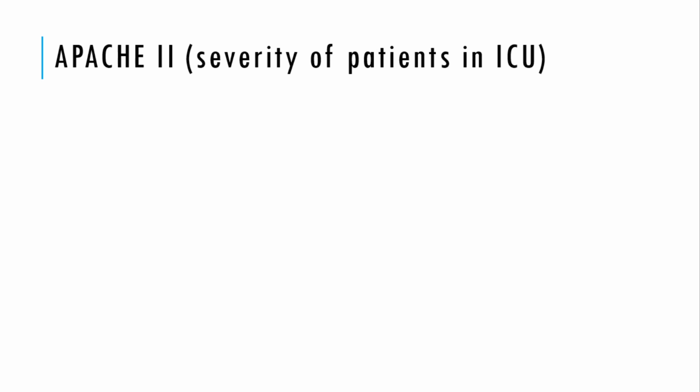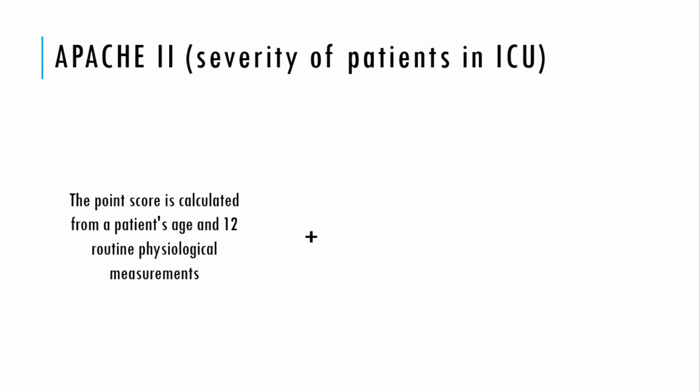Another scoring system that is very relevant, but it's not just for acute pancreatitis, is the Apache 2 score, which is essentially a classification regarding severity of patients admitted in the ITU.